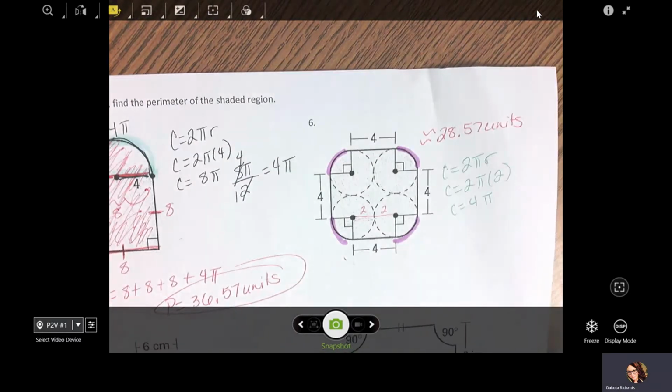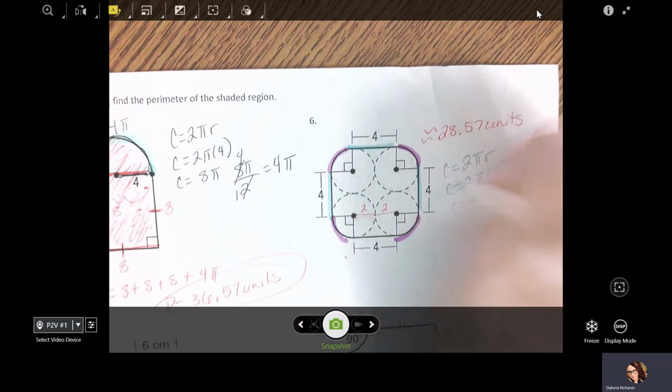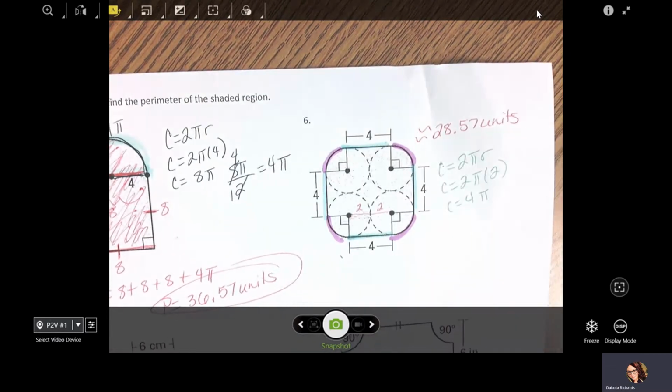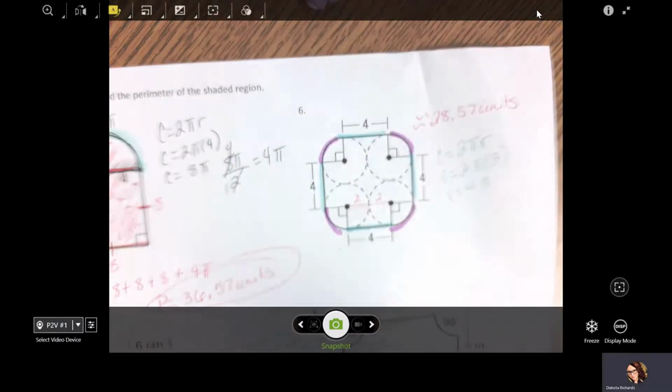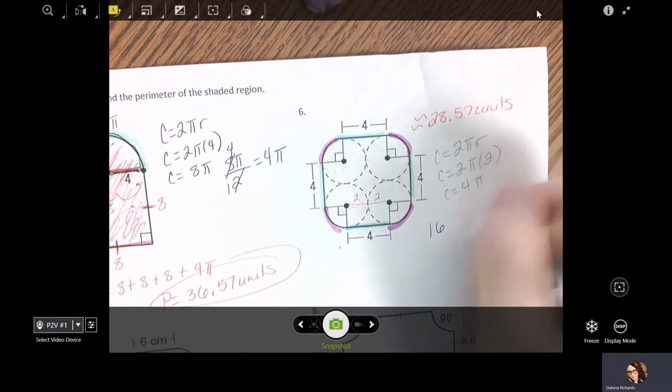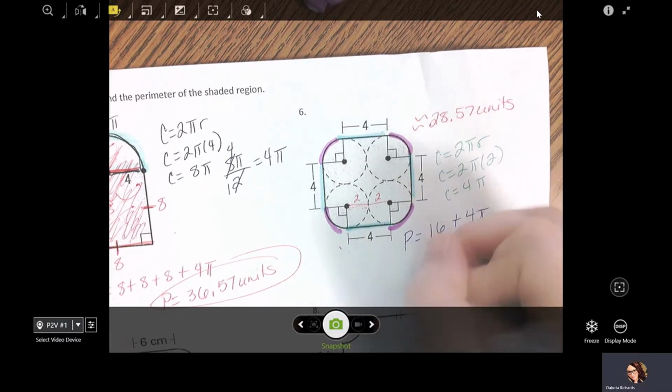Let's do light blue. We've got this distance, this distance, this distance, and this distance, and all of those are 4. What is 4 times 4? So we have 16 plus 4 pi. That's your perimeter.